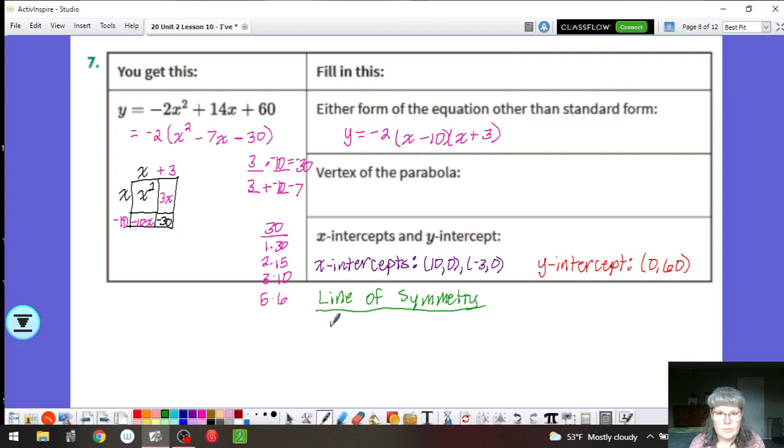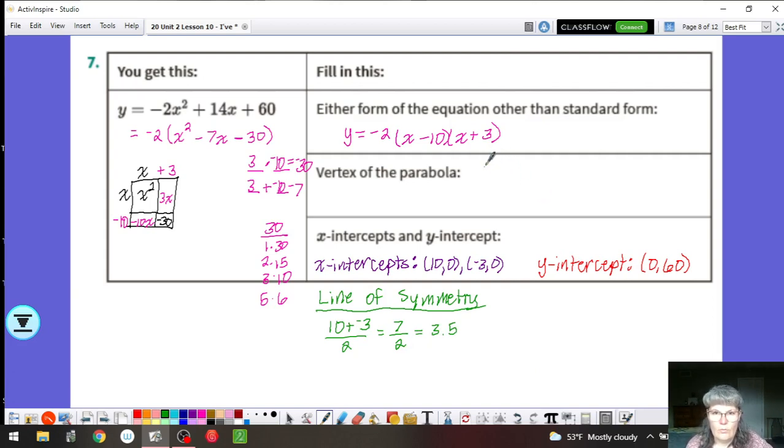So I am going to do 10 plus -3, divide that by 2, so we have 7 divided by 2 is 3.5. So I'm going to place 3.5 in for x and solve.